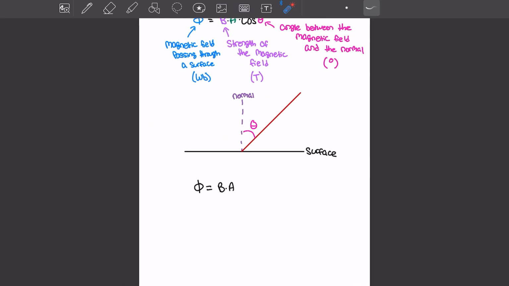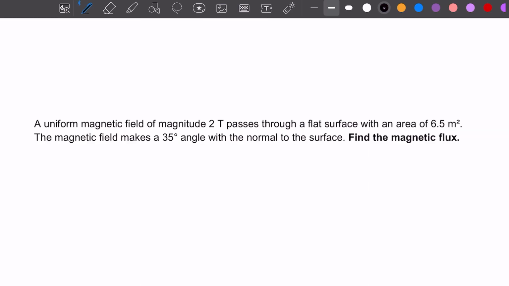Alright, now that we got that out of the way, let's do some practice problems. A uniform magnetic field of magnitude 2 teslas passes through a flat surface with an area of 6.5 meters squared. The magnetic field makes a 35-degree angle with the normal to the surface. Find the magnetic flux. We're going to write out our equation: phi equals B times A times cosine theta. As with every equation, every formula, always write it out on the top.